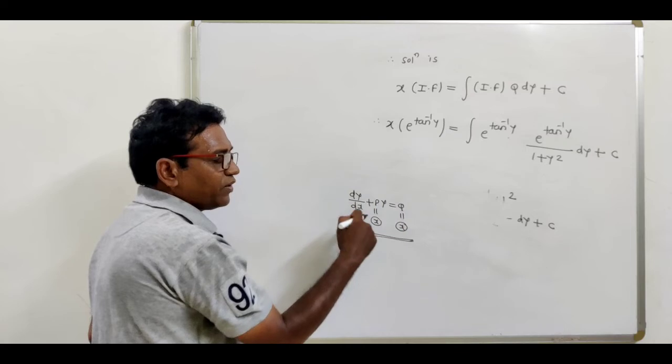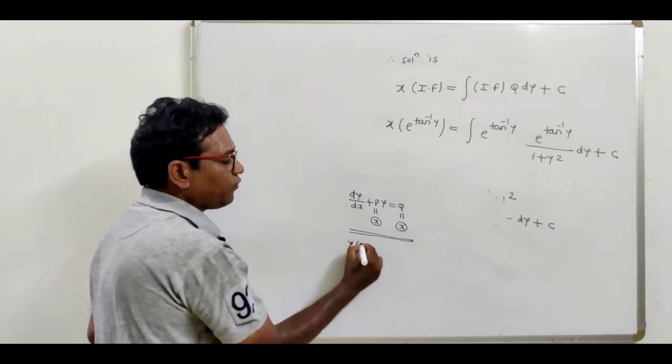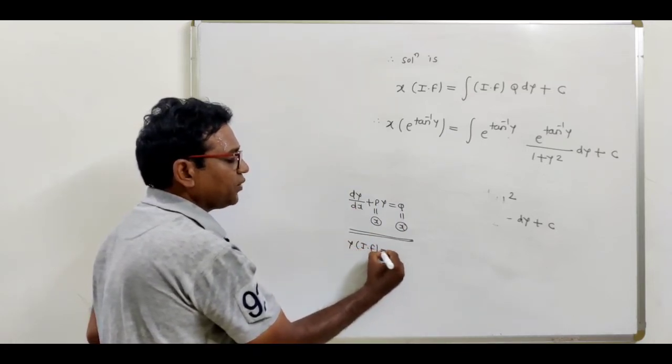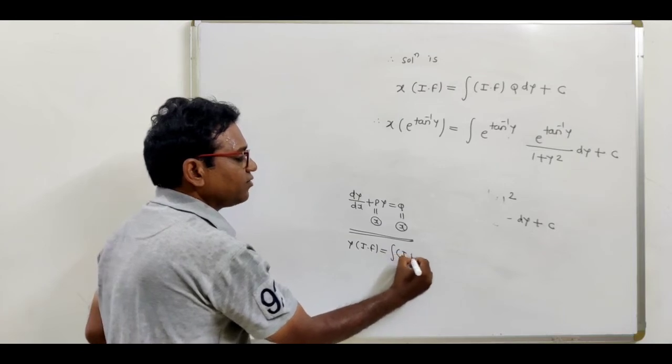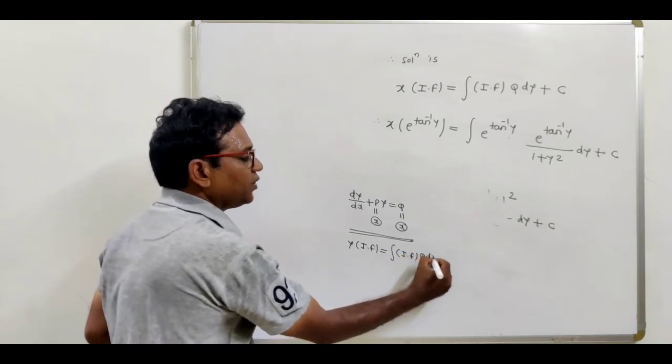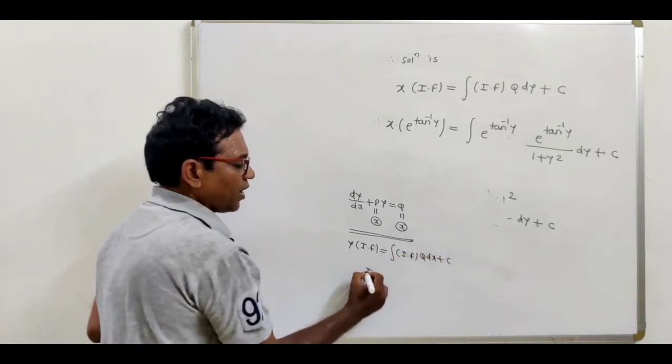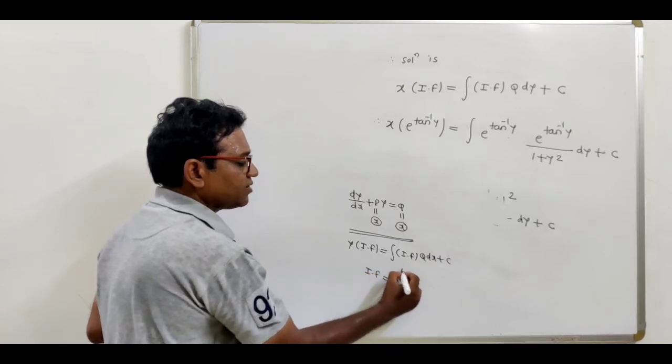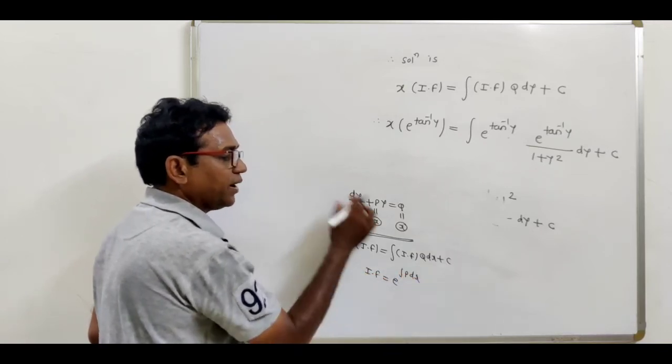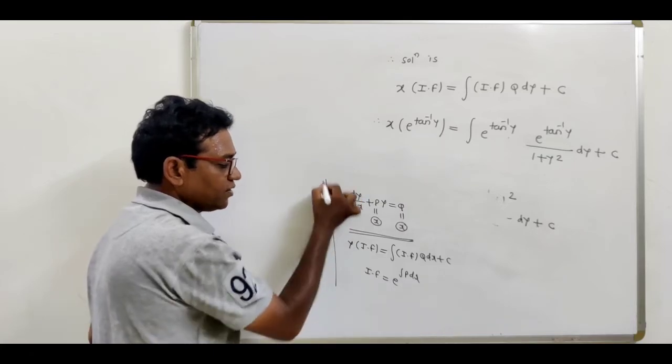If this is the linear differential equation, then this is the formula for finding the solution: y into integrating factor is equal to integral of integrating factor into q dx plus c. And how to find this integrating factor? It is given by the formula e raised to integral p dx. This is the pattern.